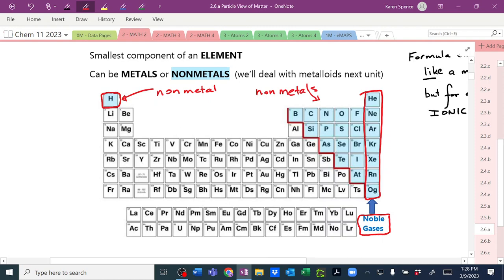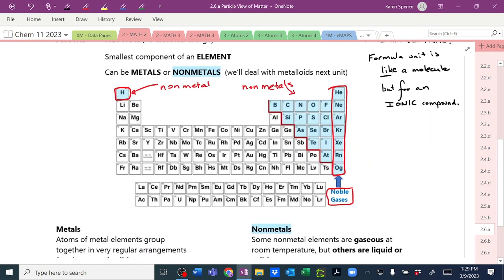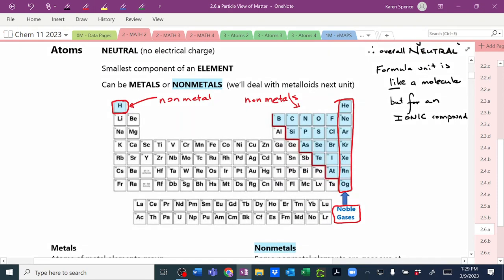So they're pretty easy to remember because they're on the right-hand side of the staircase, except for hydrogen, which is sort of off by itself. So atoms can be any type of element, metal or nonmetal, but they are neutral.